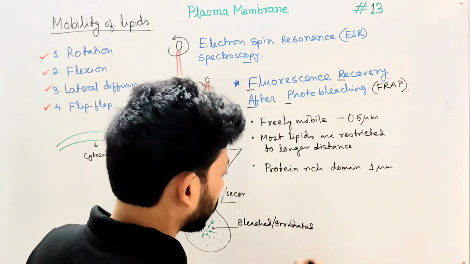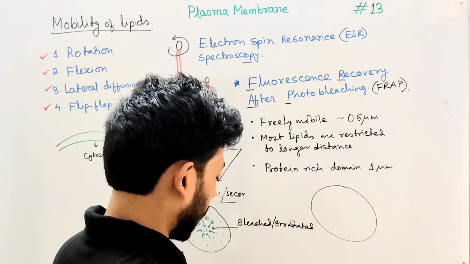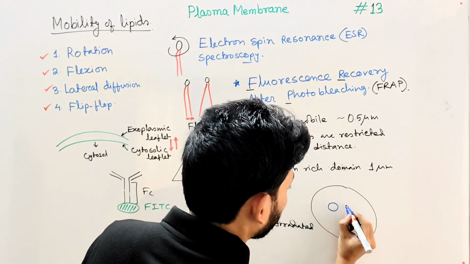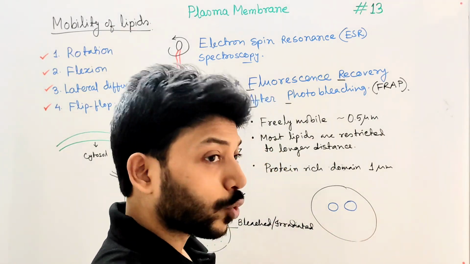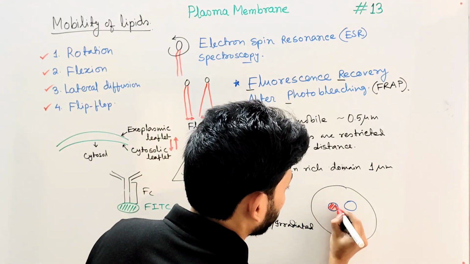Let me explain with the diagram of a cell. Let's suppose this is a cell. Scientists found that in the plasma membrane there are some portions or domains of protein rich regions. Let's suppose this region is the protein rich region.